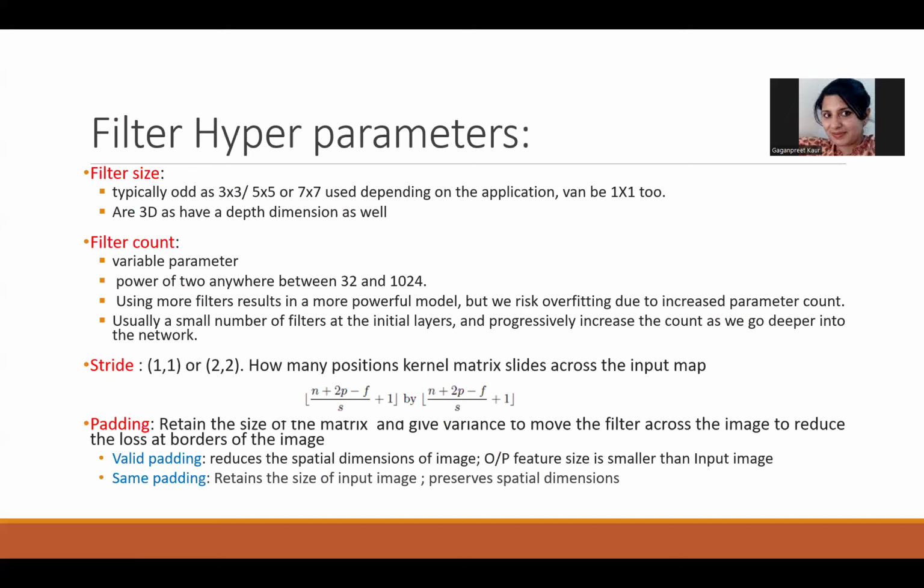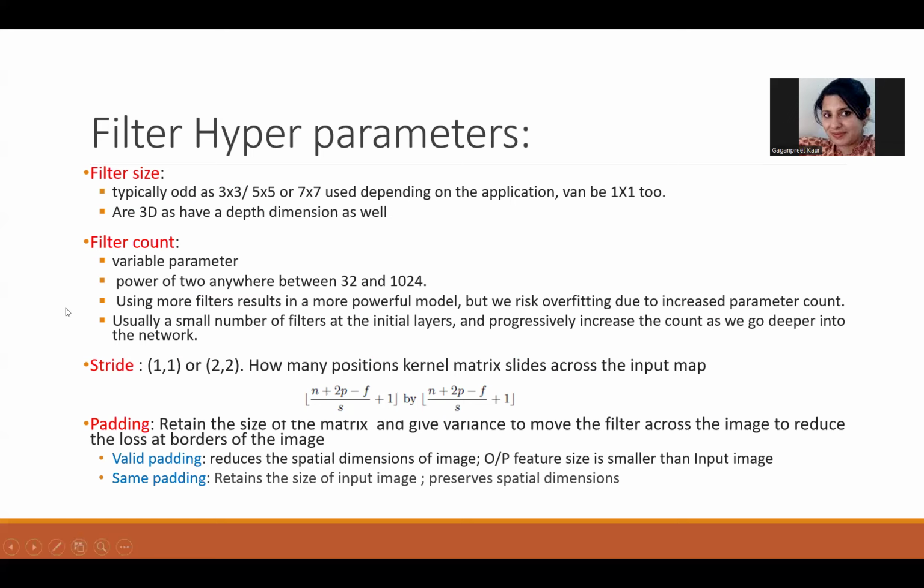Next, what are the hyperparameters for these filters? The hyperparameters are typically the filter size. Yes, that is very important. Odd choose करते हैं हम. Okay. And they have the depth dimension. I already told you, that depends upon the number of the filters.